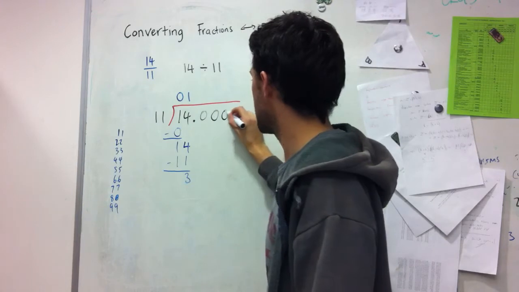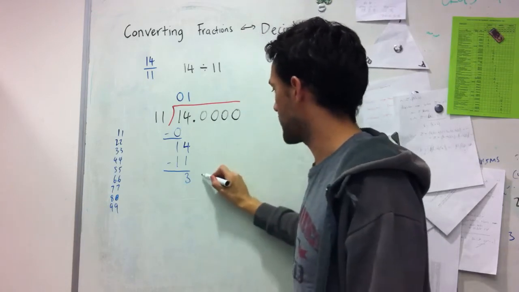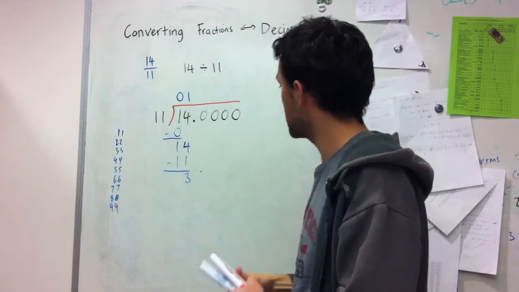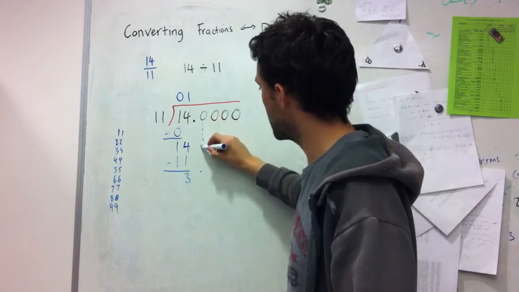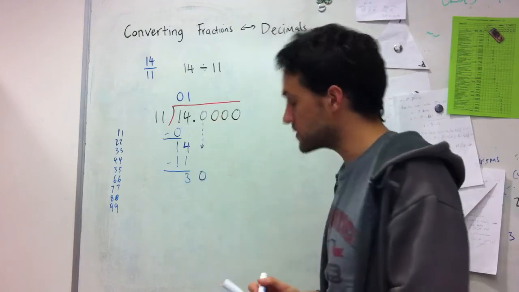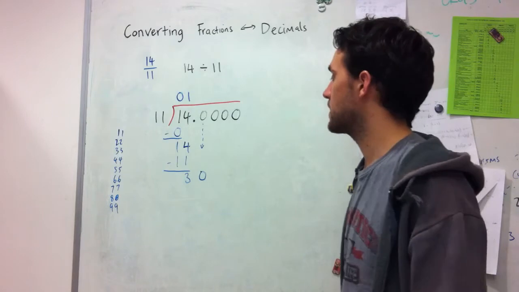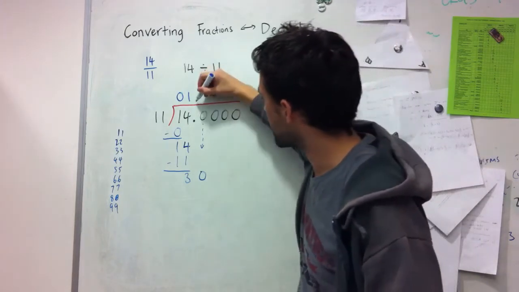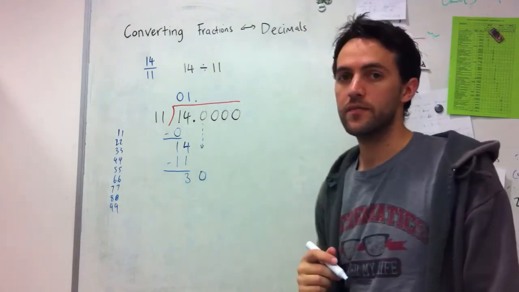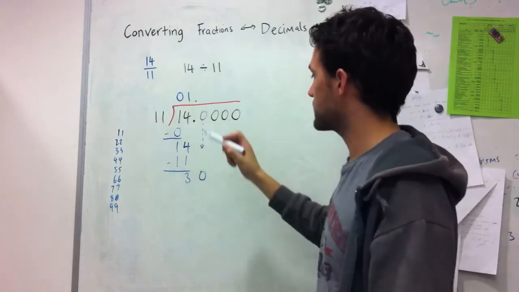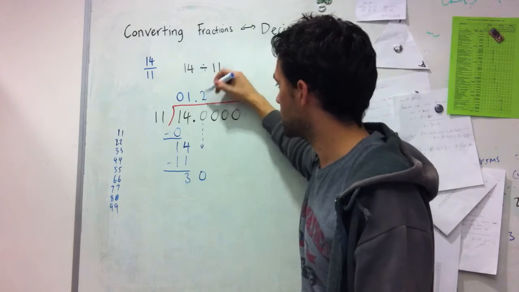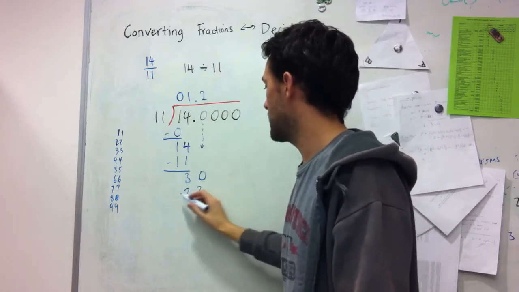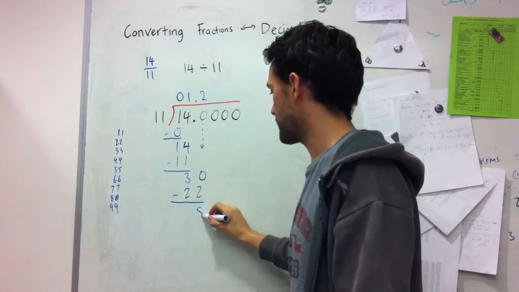So I put in zeros here, and I'm bringing this 0 down here, so that I now do 11 into 30. So basically, my next step will give me an answer in the tenths column. So 11 into 30 goes twice. 2 times 11 is 22. And there's 8 left over here.